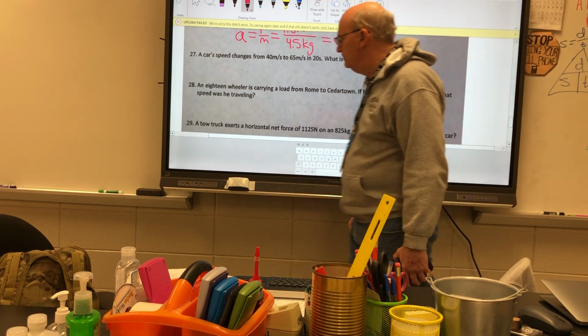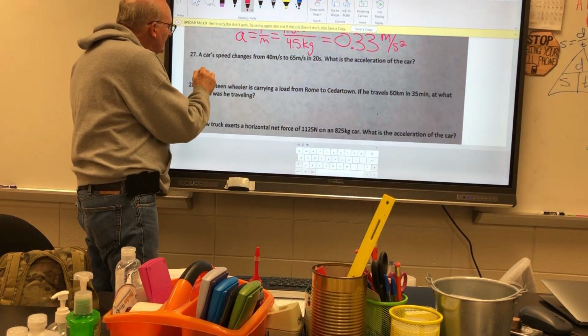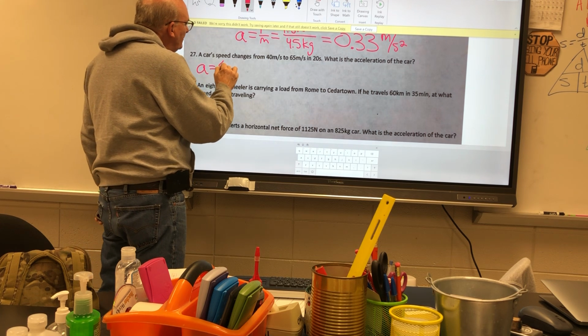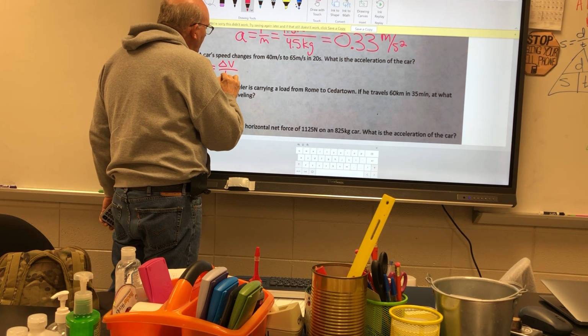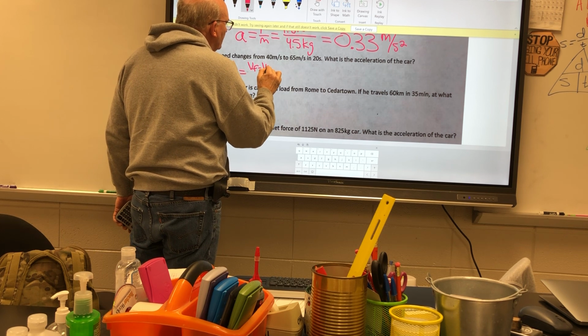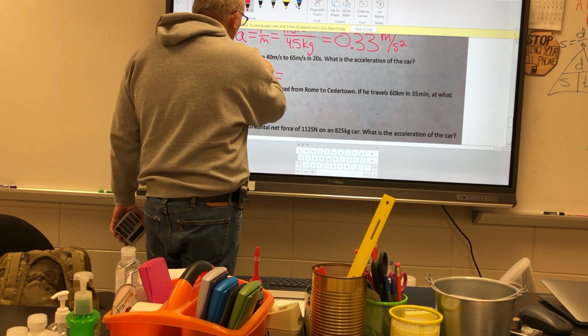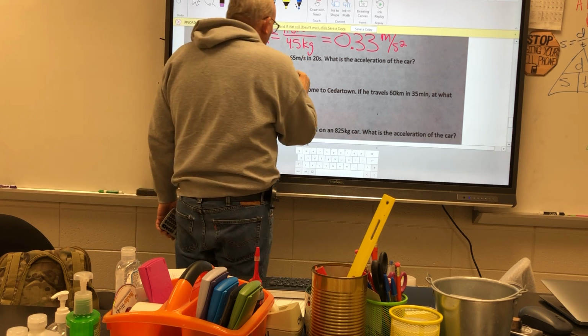Next problem, they know the car's speed and they want to know the acceleration. So we know that acceleration is the change in speed divided by time, which is the final velocity minus the initial velocity divided by time. In this case, I'm going from that, the initial, to that, the final.